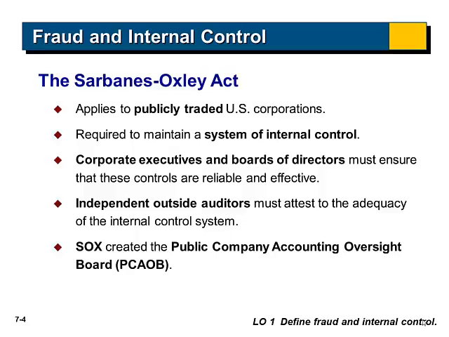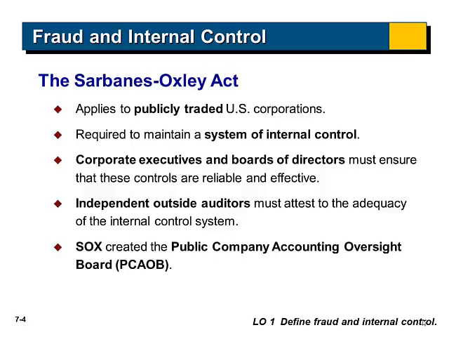And basically it came as a result of lots and lots of financial accounting scandals and financial accounting fraud that occurred around that time, around 2002. It requires companies to maintain a system of strong internal controls. It requires corporate executives and the boards of directors to ensure that these controls are both reliable and effective.